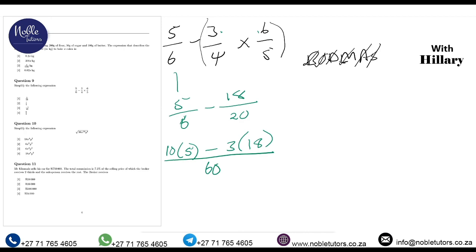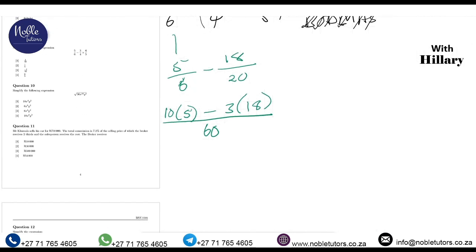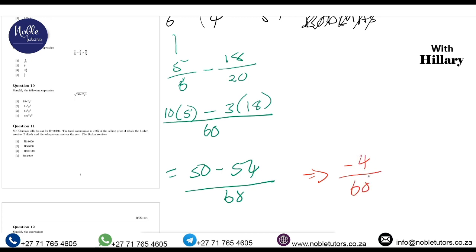So this will then lead to 10 times 5, which is 50, minus 3 times 18, which is 54, divided by 60. If we work this out, it's going to be negative 4 over 60, or 4 into 4 gets once, into 60 gets 15 times.